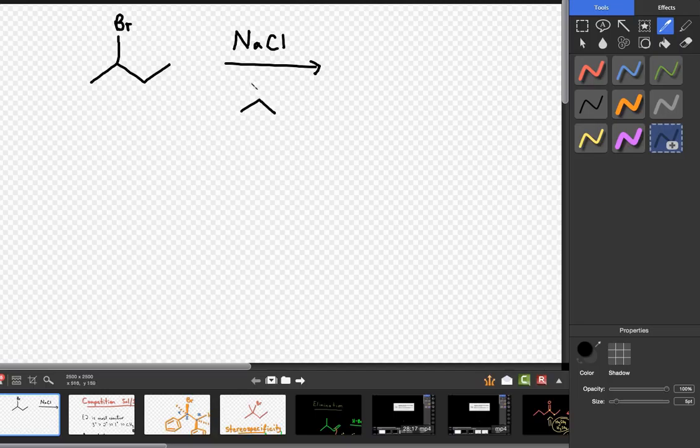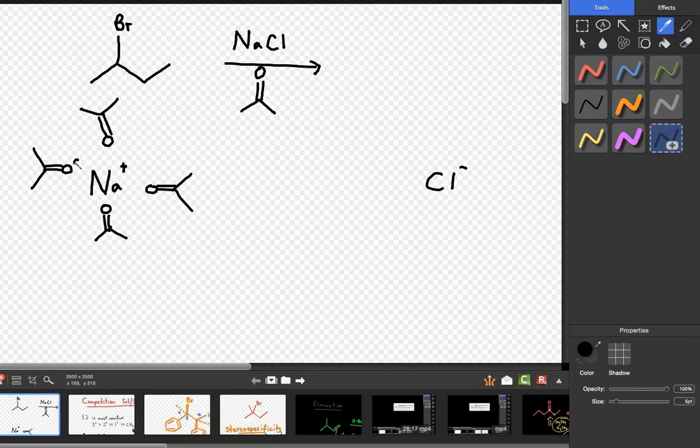It is the acetone solvent that will ultimately make this determination. So I have Na+ and I have Cl- throughout solution. So I'm just going to draw one Na+, and acetone will solvate this Na+ via an ion dipole complex. So you'll have a bunch of ion dipoles that stabilize, isolate, and sequester Na+ away from Cl-.